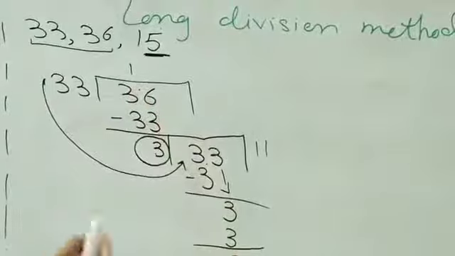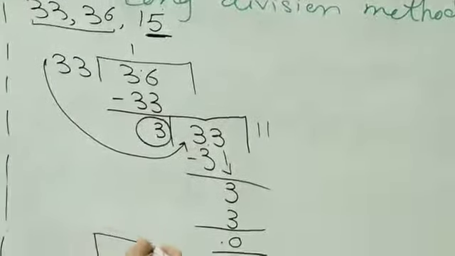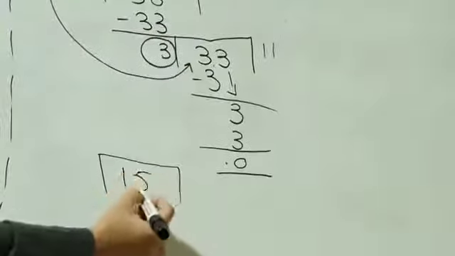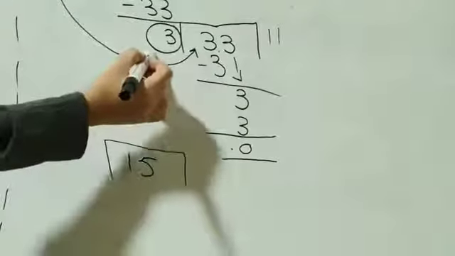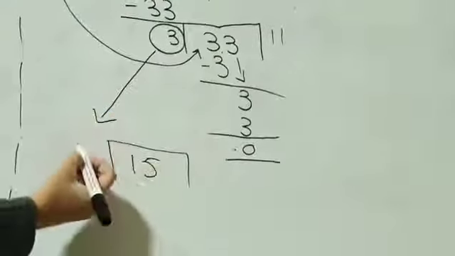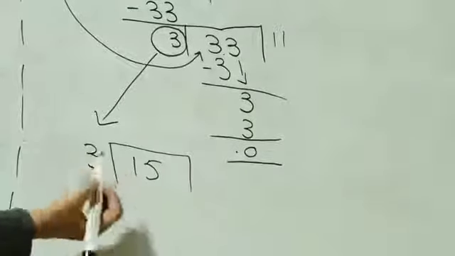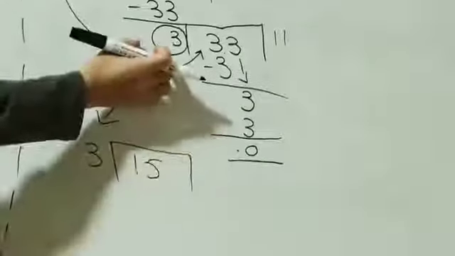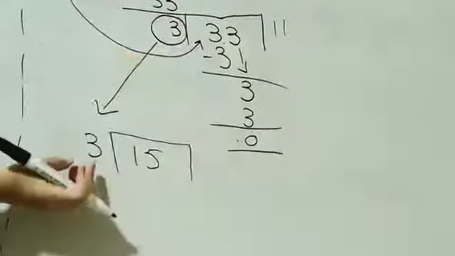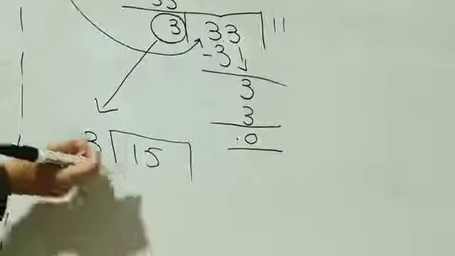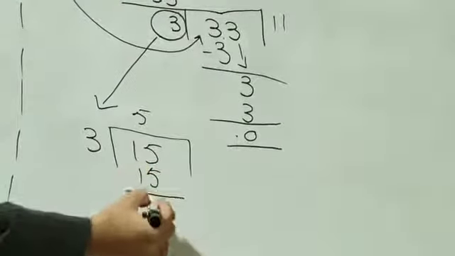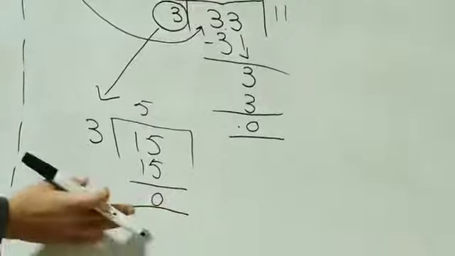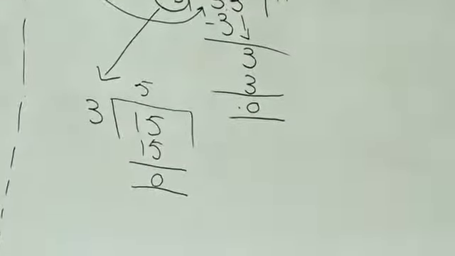So you have to make another hut for the 15, and here you will write the divisor, your last divisor 3. Your last divisor, or the HCF of the previous two numbers, you will write it here. Let's start the division. 3 fives are 15. Again 0 remainder, finish this division.